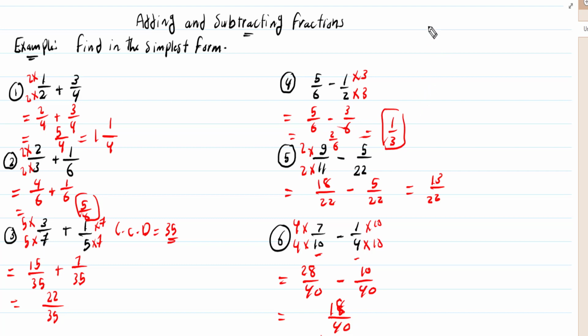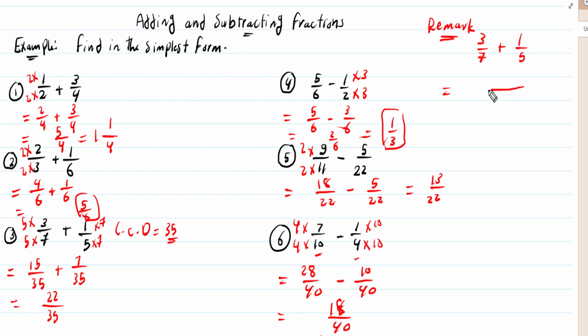We can make a remark here. Pay attention. If we take the example 3 over 7 plus 1 over 5, we can find a rule. How can we add two fractions in another way?